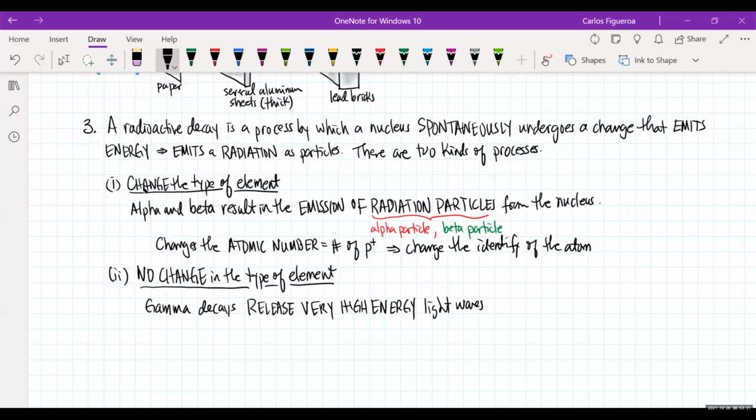And what you find here is that these do not change the identity of the atom. And that's the two big classes right there.